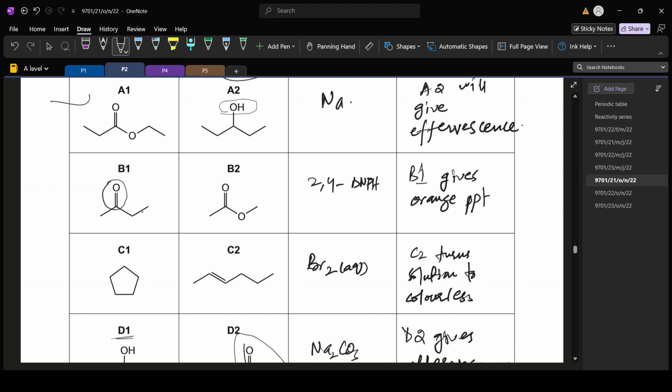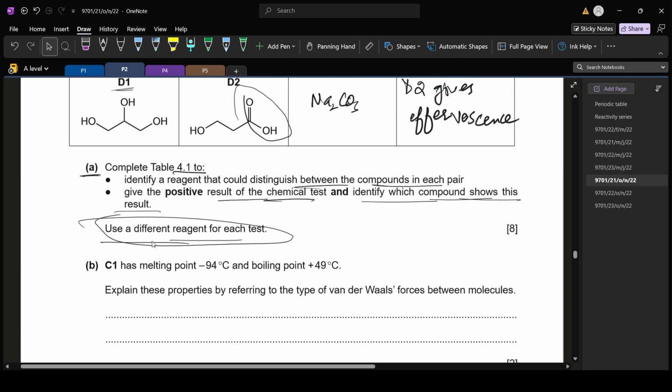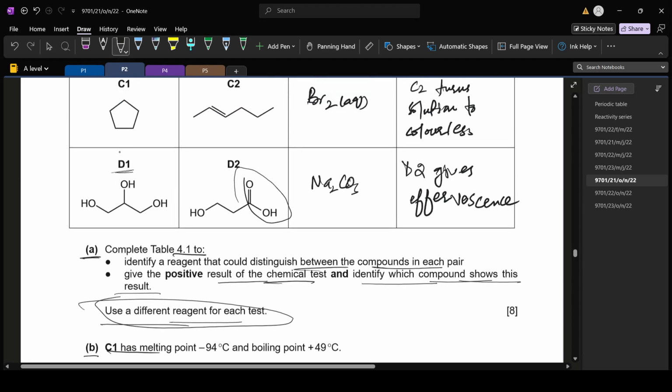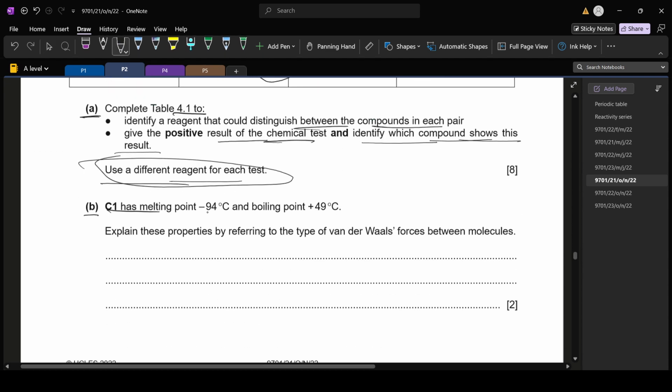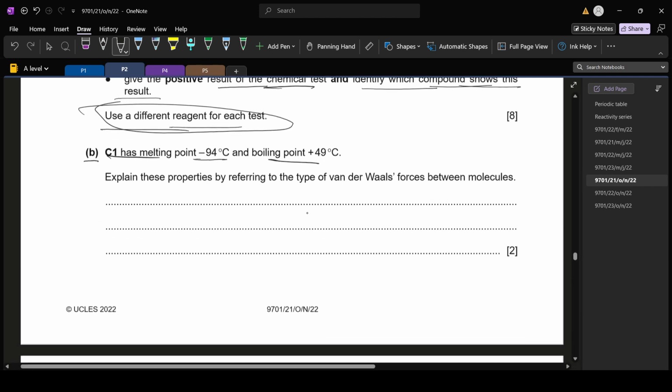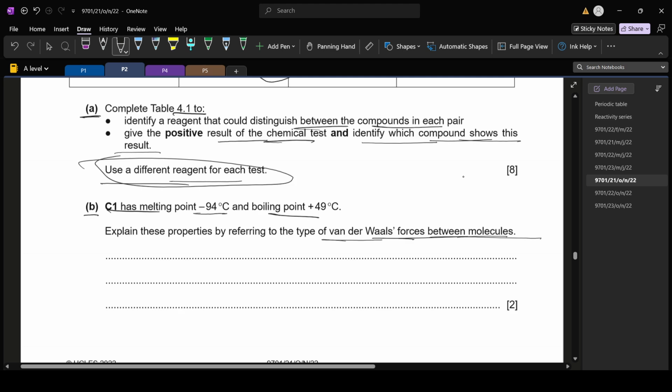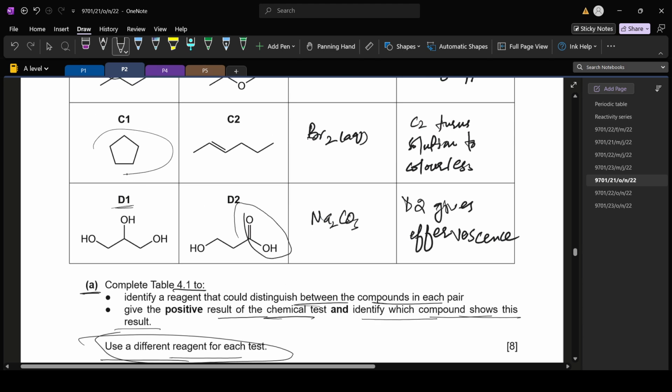Now moving towards the next part. Part B. C1 has a melting point of -94 and a boiling point of +49. Explain these properties by referring to the type of van der Waals forces between molecules. This is a non-polar molecule.